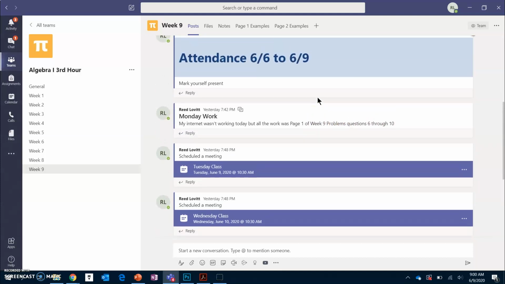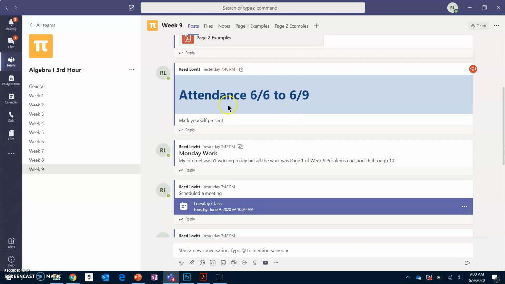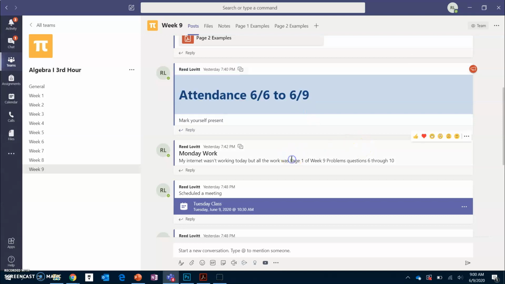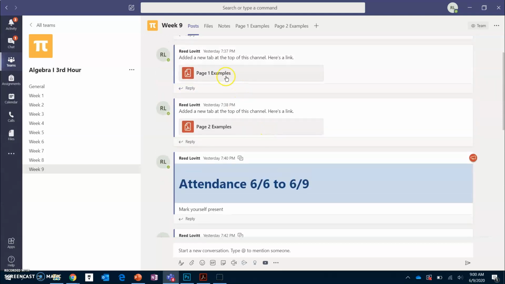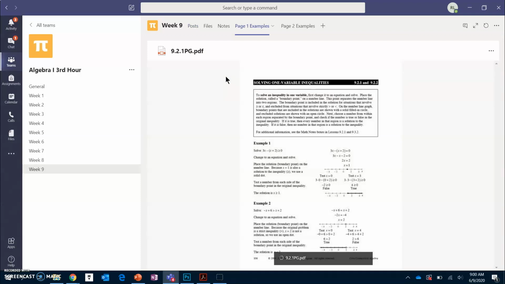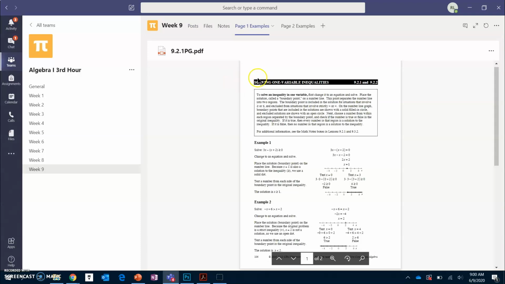If we go up, we'll see here's where you can mark yourself in attendance. And remember, we were doing page 1 of week 9 problems. So let's look at page 1. Remember, this is still just solving one variable inequalities.